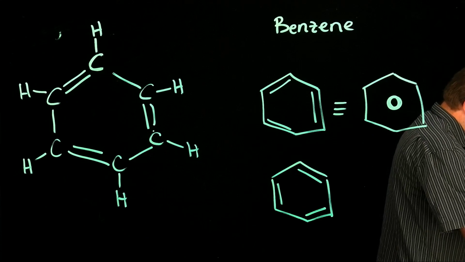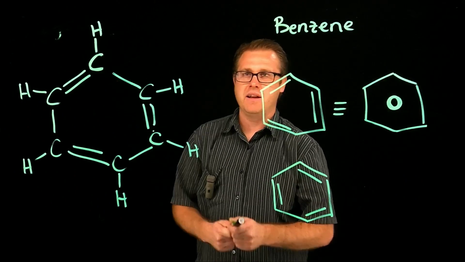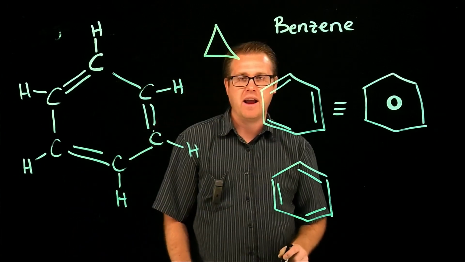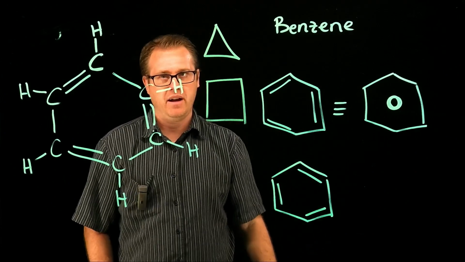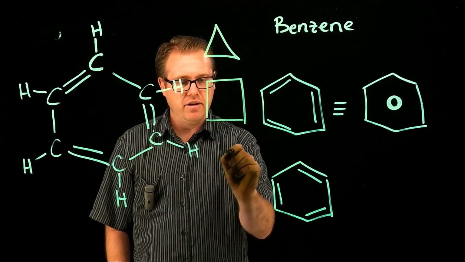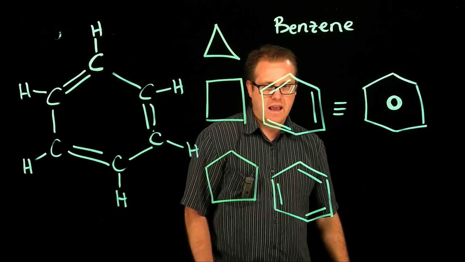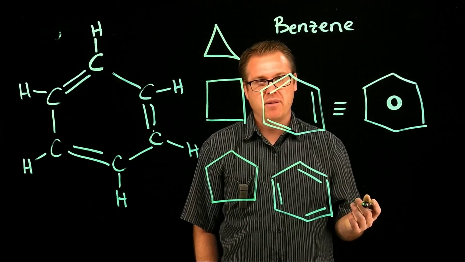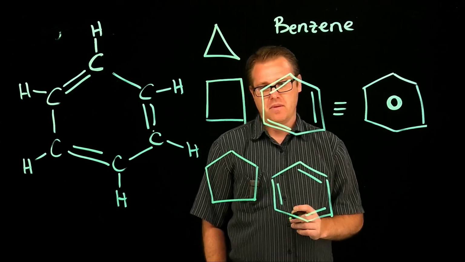Okay. So we can look at all different sizes of rings. You can have 3 carbons in a ring, so it looks like a triangle. You could have 4 carbons in a ring. You can have 5. And then drawing the 7-membered rings and the 8-membered rings gets a little bit more difficult, but you can draw them.